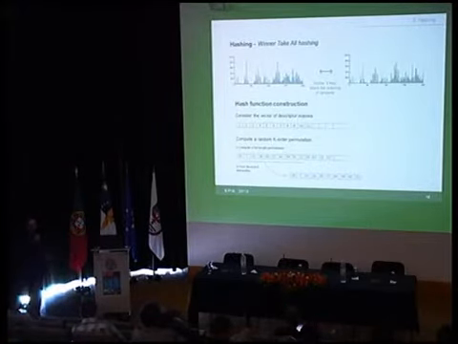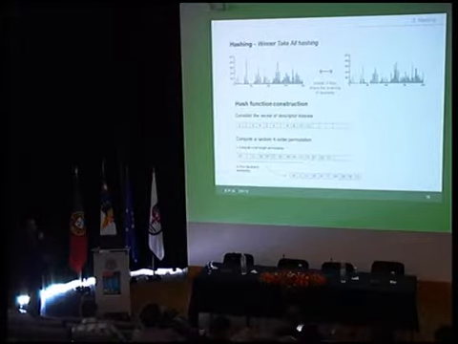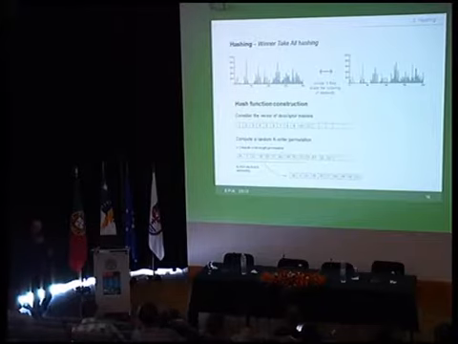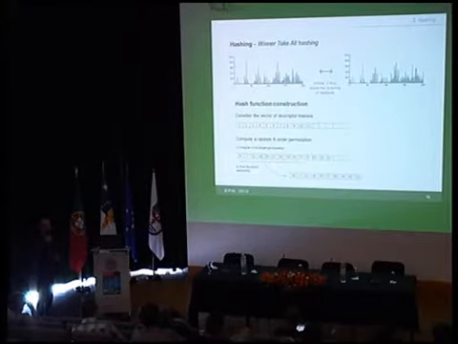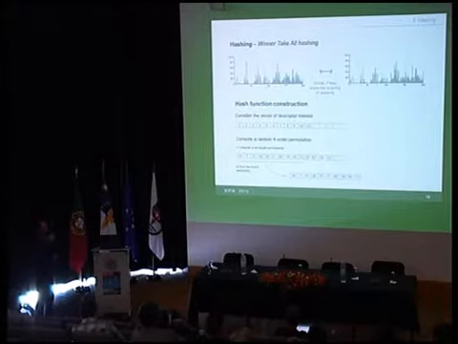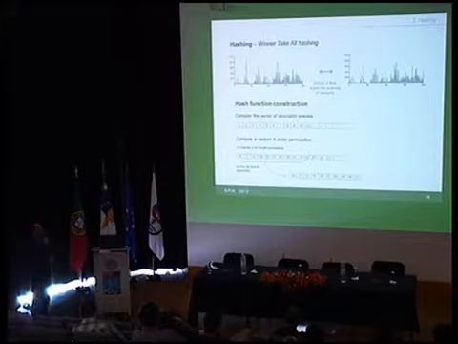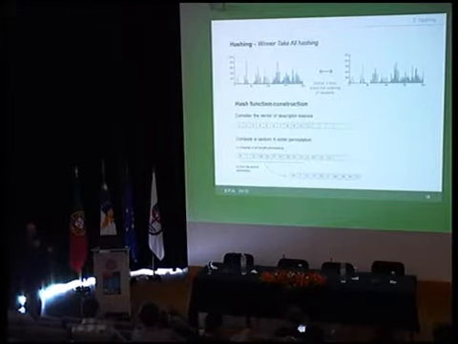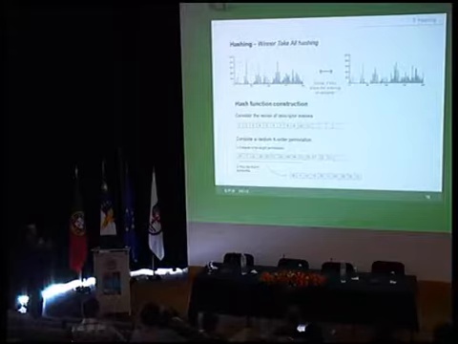The particular hashing scheme we use is called winner-take-all hashing, where the probability of collisions is not related to an Euclidean distance between descriptors, but rather to a rank order similarity. What does this mean? It means that two descriptors are similar not because the absolute value of their elements is close, but because the ordering of the elements is similar.